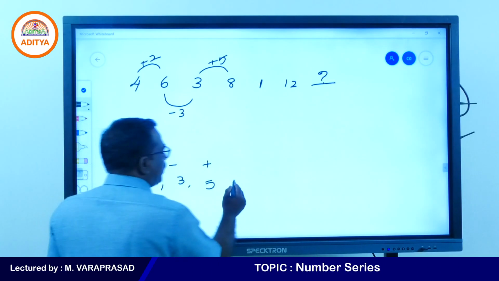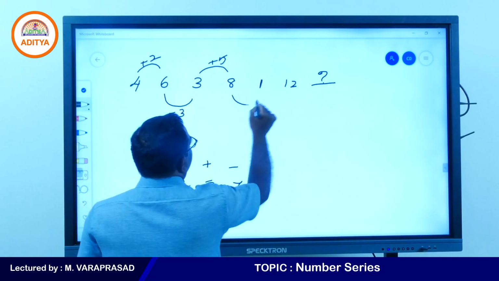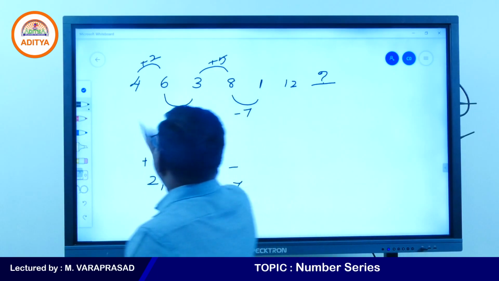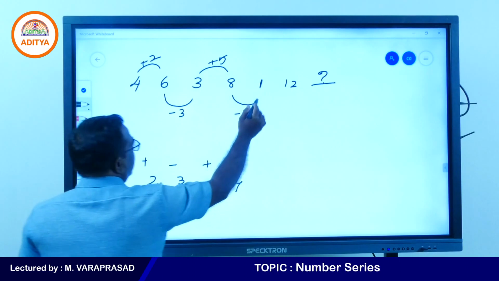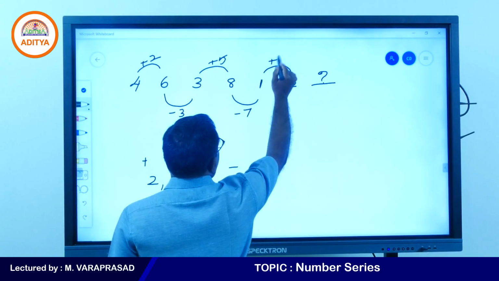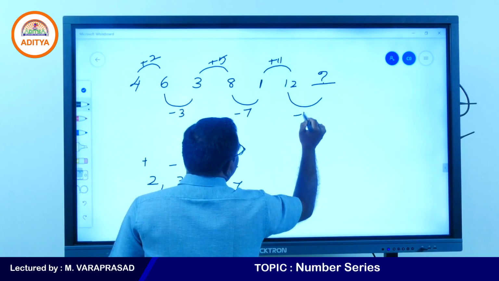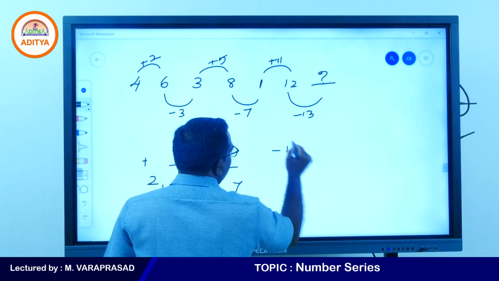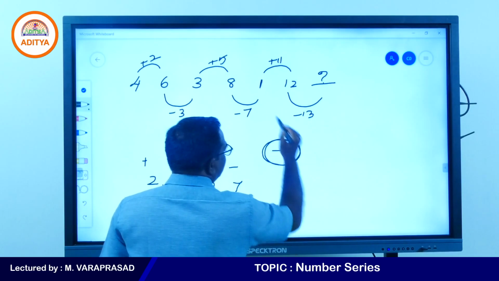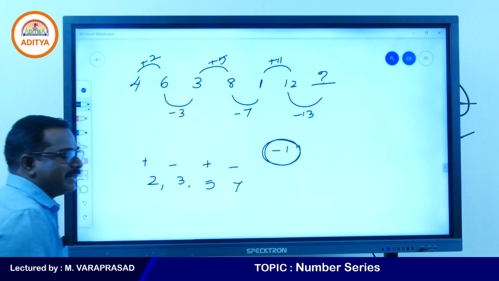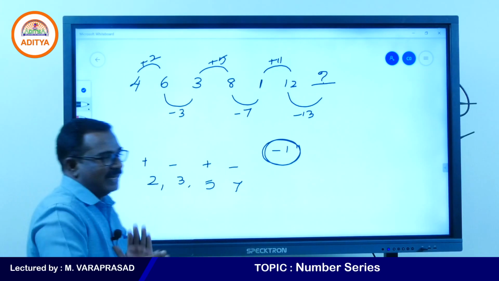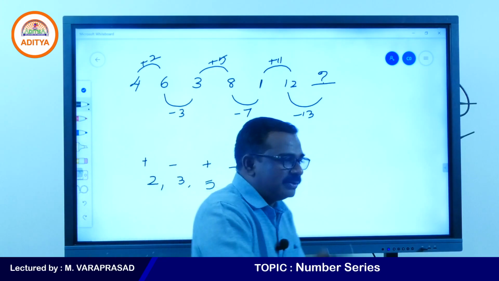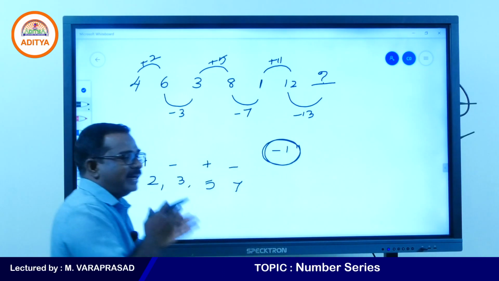Next one you will get minus 7. Plus 2, minus 3, plus 5, minus 7, plus 11. Now you have to do minus 13, which means minus 1 is the answer for this one. We are adding the prime numbers alternately with plus and minus signs.